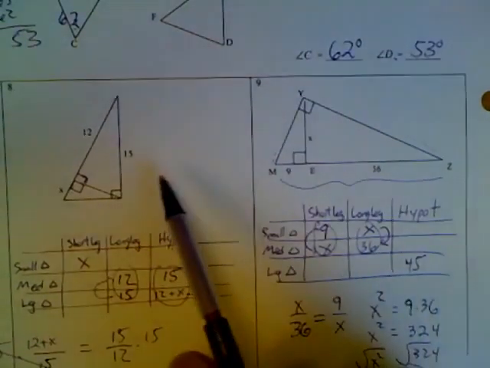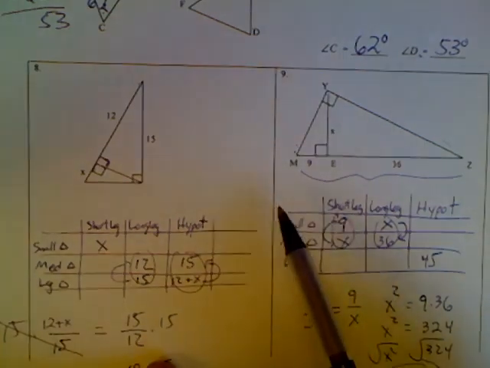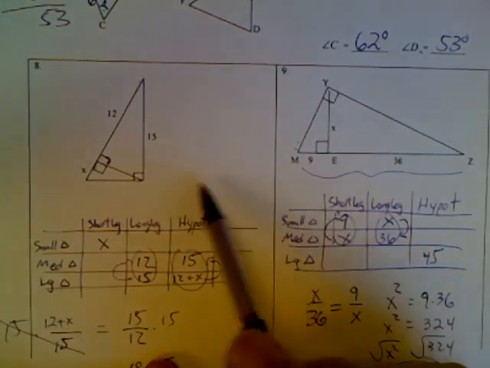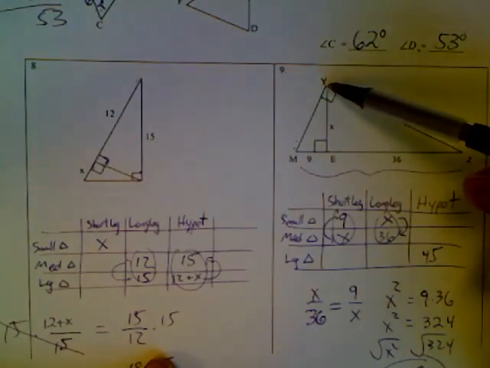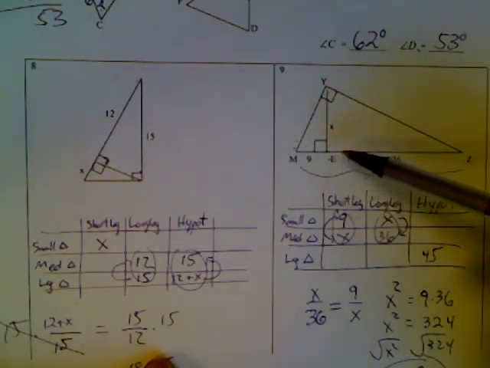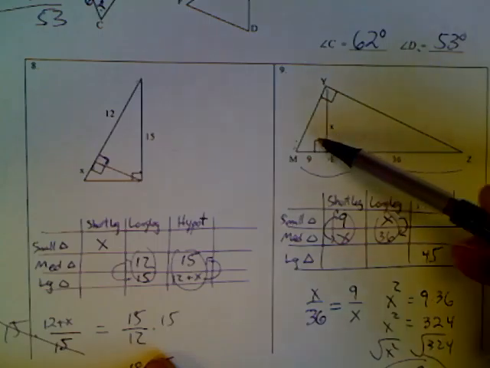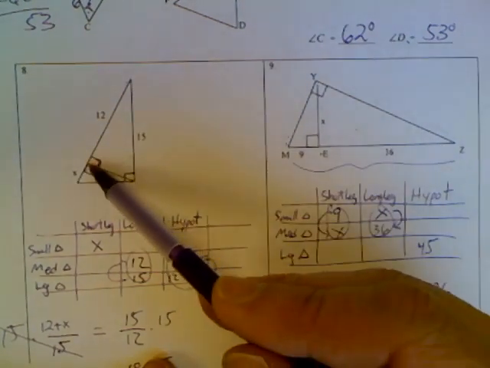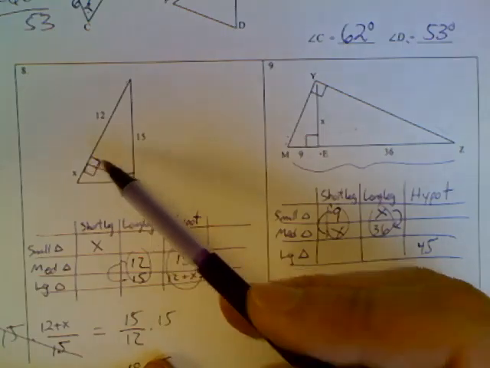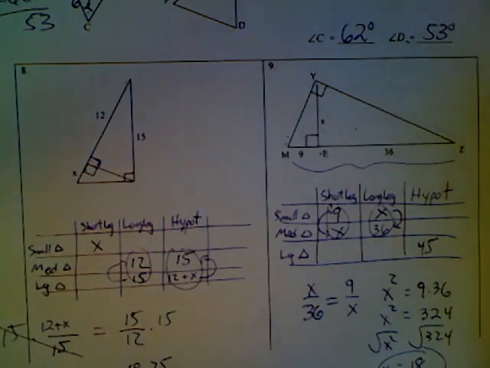So once again, when you have this kind of situation, and what I mean by this kind of situation is a right triangle, a big right triangle, with a line dividing that right triangle into 2 other right triangles. Here's the line that divides the big right triangle into 2 other right triangles. And you end up with 3 right triangles in the picture.